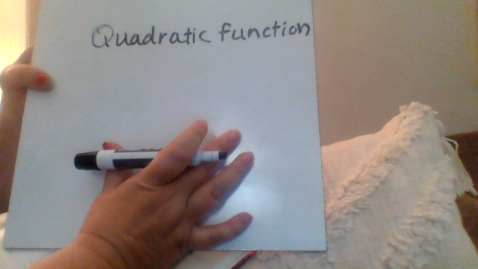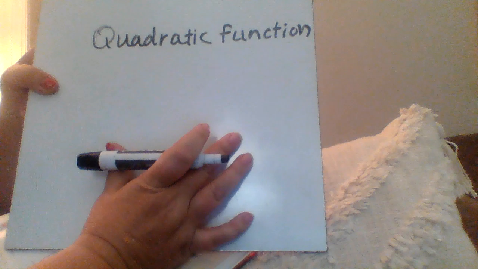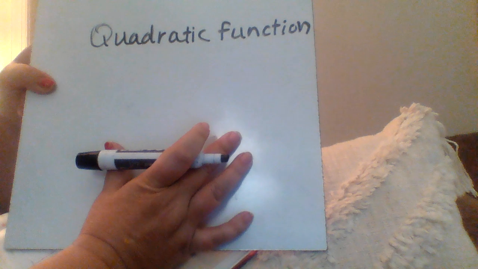One thing about the quadratic function is that you can get some information from it about the parabola that you're going to form. So if the domain of f is the set of real numbers, then the graph of f is a parabola.